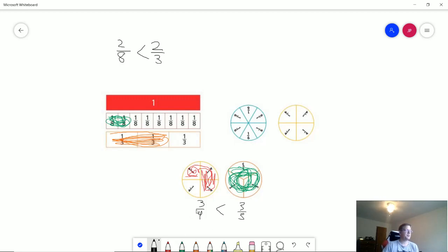If I do this one, let's do one part of each. So I'm going to do 1/6 compared to 1/4. And this is going to be the kind of thing that we start with, where we're going to have the same numerator, and then we have to figure out which piece is going to be bigger.